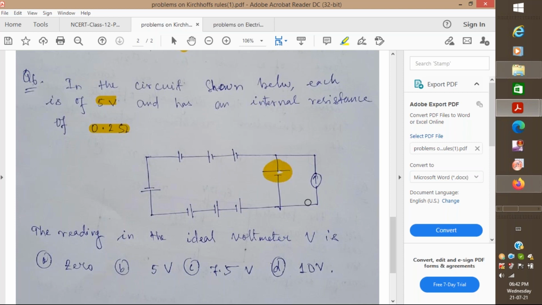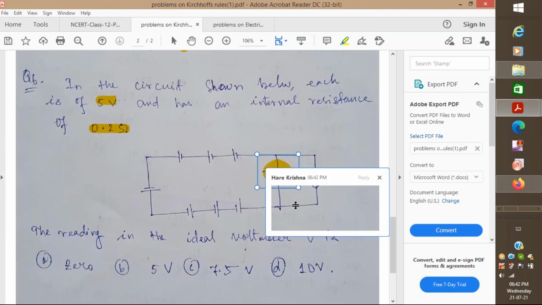Then you have to find out the reading of this voltmeter. This is a voltmeter. That means what is the voltage across this cell, that is the voltmeter reading. So we have to find that out. Let me just copy this figure.